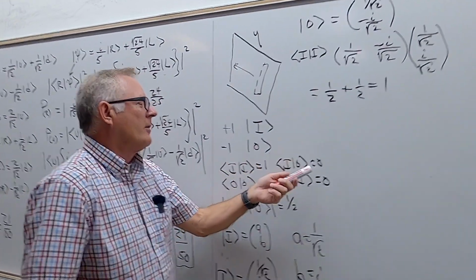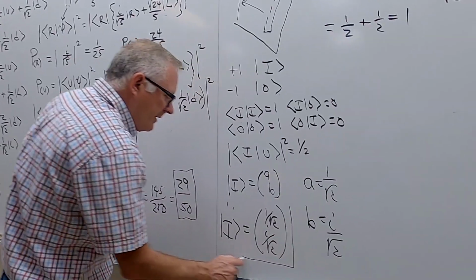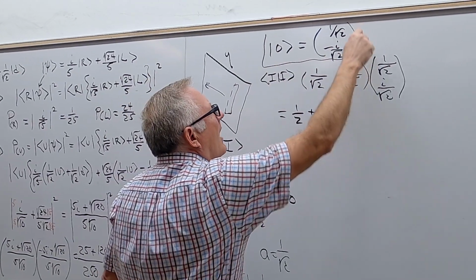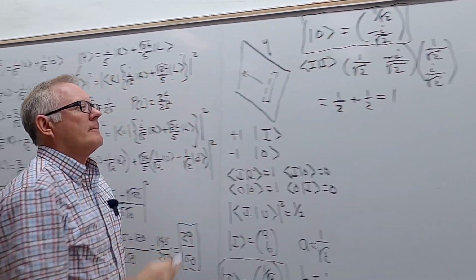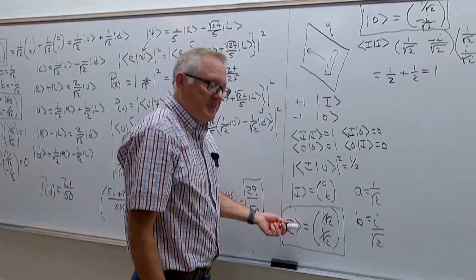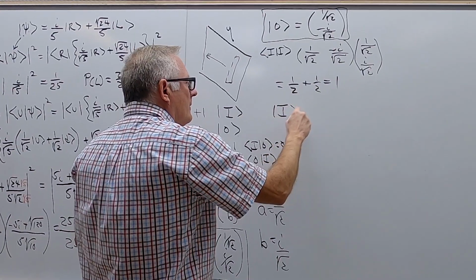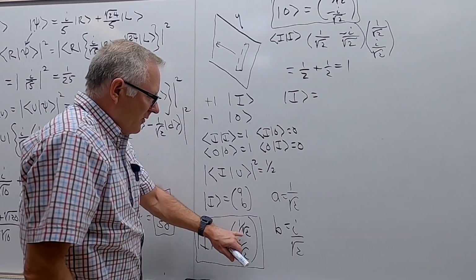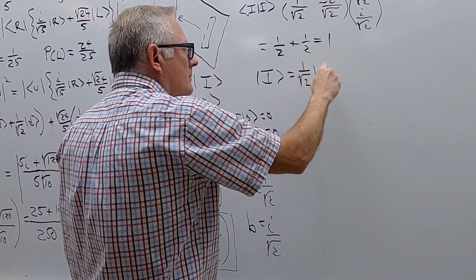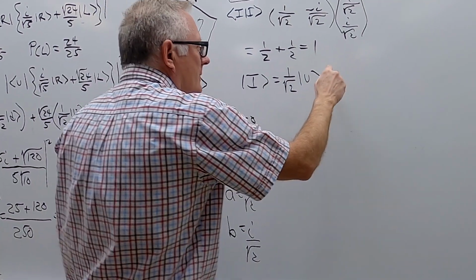These are my orthonormal basis vectors. This one right here, and this one up here for the y direction. And again, I could write these things in terms of ups and downs. N is 1 over the square root of 2 up plus i over the square root of 2 down.